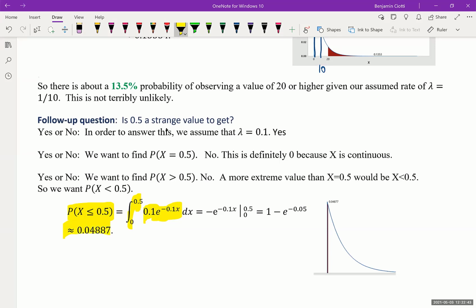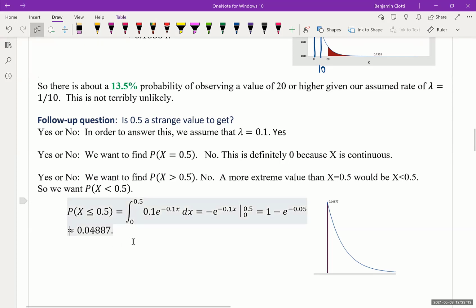And it ends up being 0.0487, which is the area in this little sliver right here. So you can conclude, depending on your significance level, that 0.5 is a strange value.